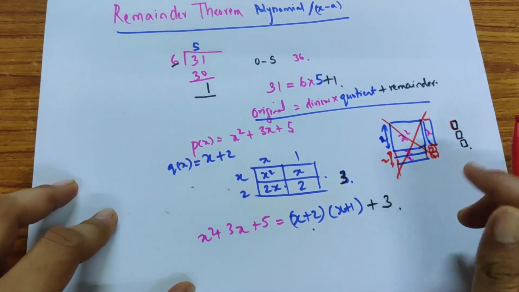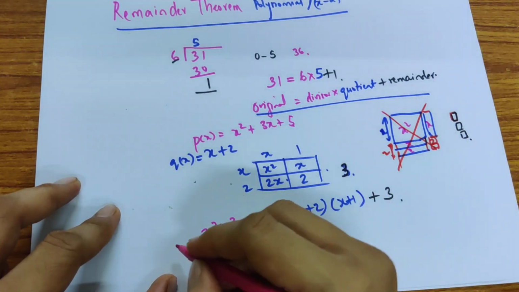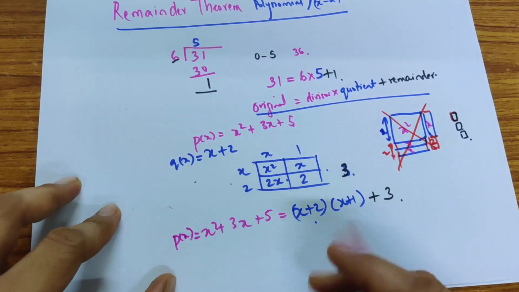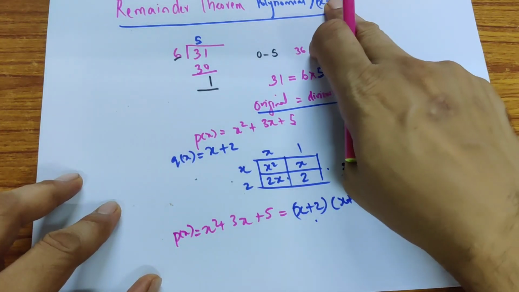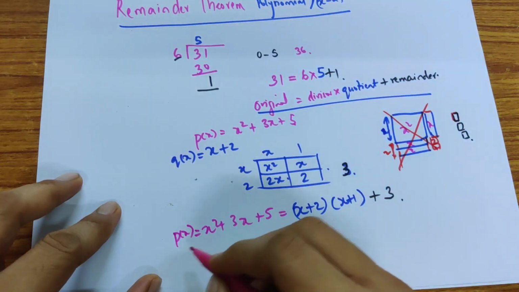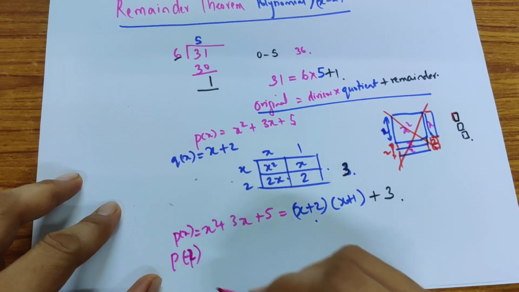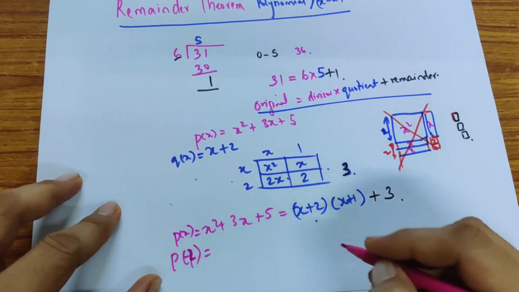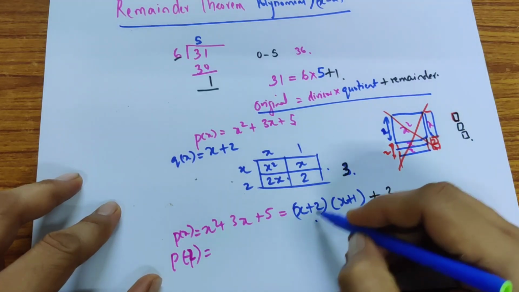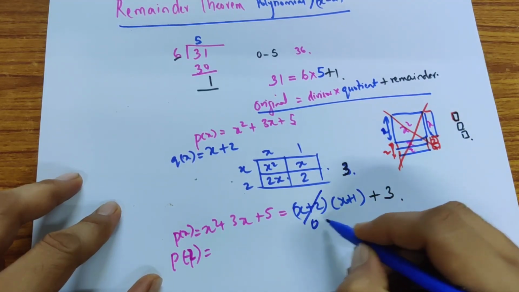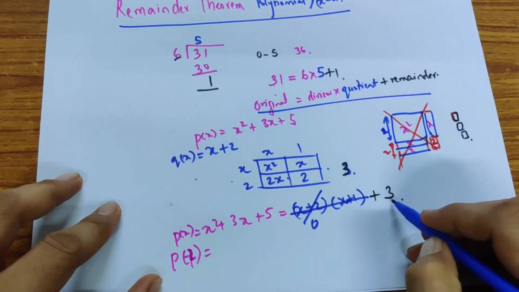And that's what the remainder theorem shows. If I put x equal to -2, this was my p of x. Here I know that the root is x equal to -2. That's why I wrote it as x minus a, so a is the root. So if I put p of -2, this one is going to go to 0. 0 multiplied by anything doesn't matter, so this is irrelevant, and I am going to get 3.